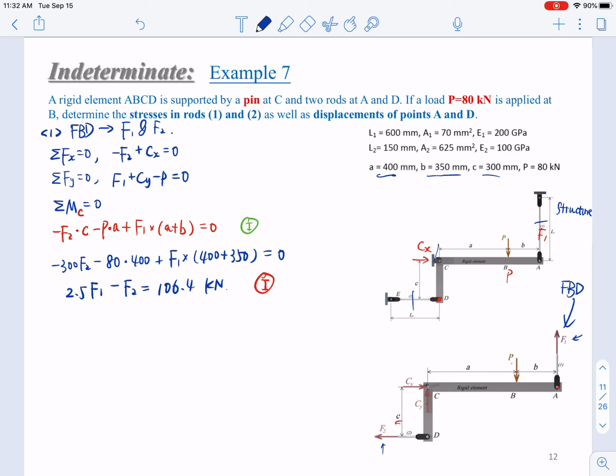Okay, you can see that based on free body diagram, we just got one equilibrium equation, but two unknowns, F1, F2. Right? Then in the second step, we'll need to find out the compatibility equation. We will examine compatibility. So which category is this?